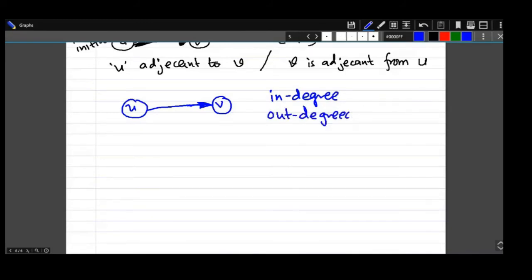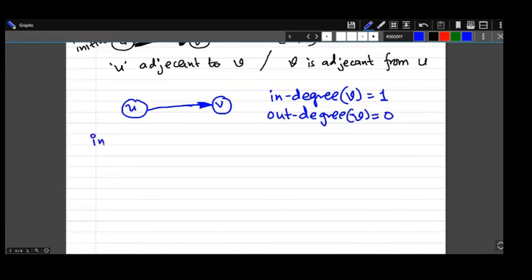So what do you mean by in degree? In degree is the number of edges terminating at your vertex. For example, the in degree of V in this graph is 1 and the out degree of V is obviously 0.